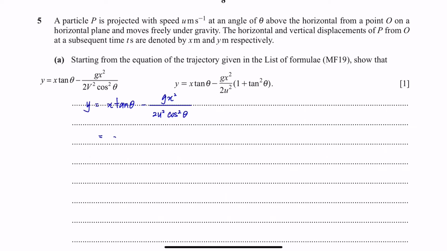So we have x tangent theta minus gx squared over 2u squared secant square theta. So this can be written as 1 plus tangent square. So now we have x tangent theta minus gx squared over 2u squared times 1 plus tangent square theta. That's it.